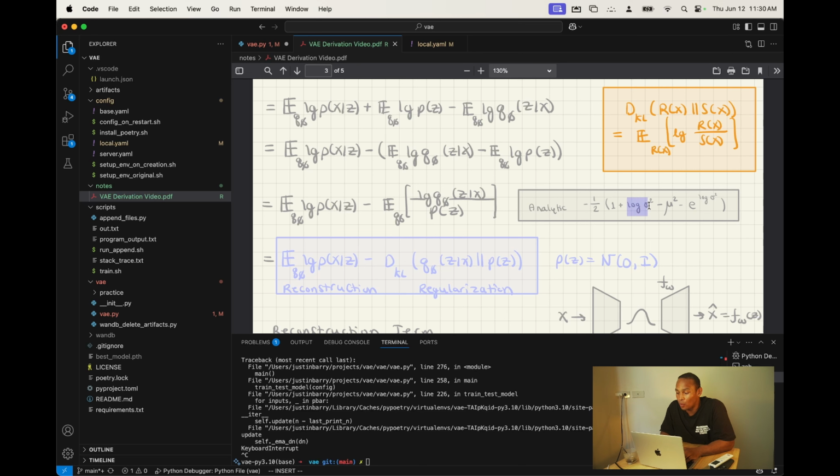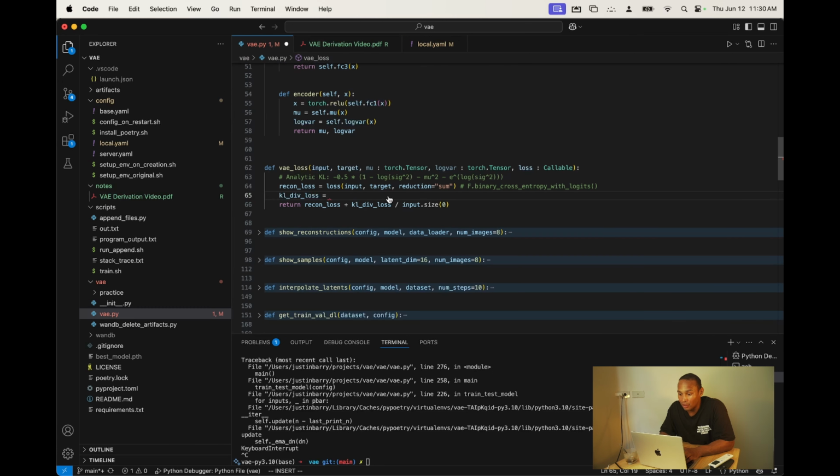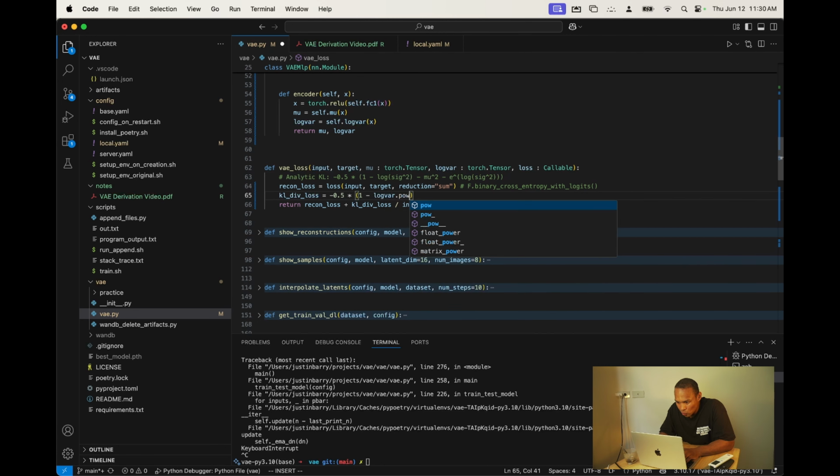This is why I call it log variance as an output from the encoder, and that's why we're working with log variance. So I'm basically just going to write this is our KL divergence term. I'm literally going to write this out, and then it's going to resolve to a number that we use in our loss. So 1 minus log variance minus mu.